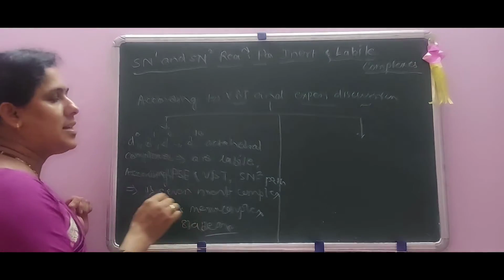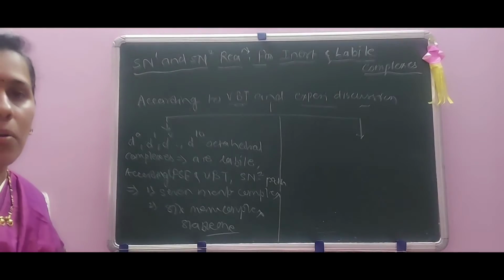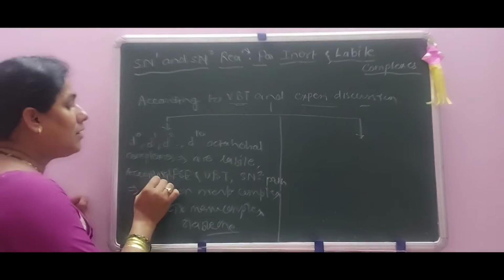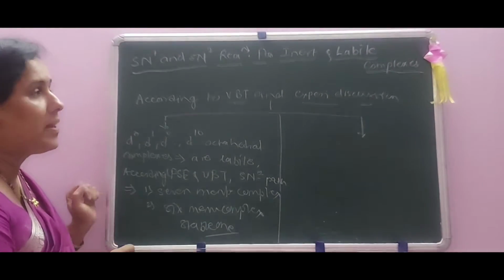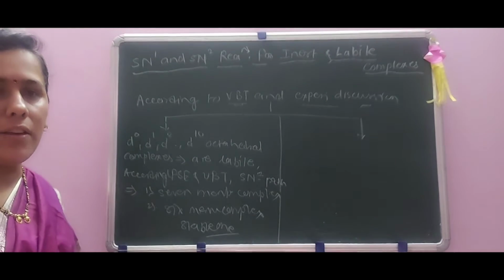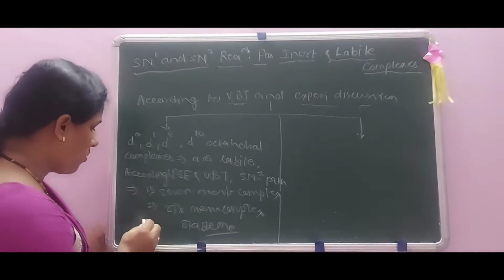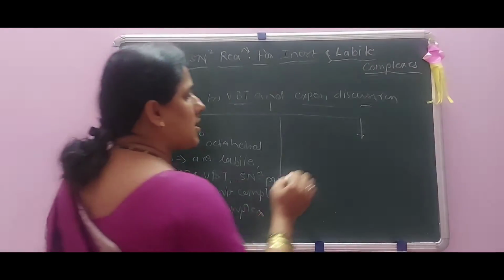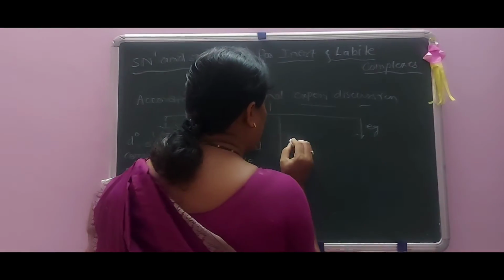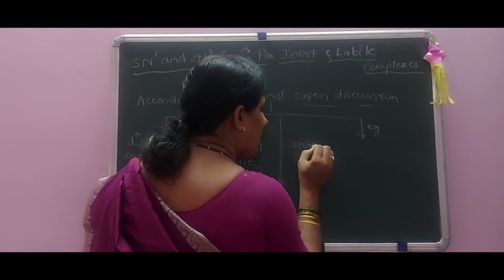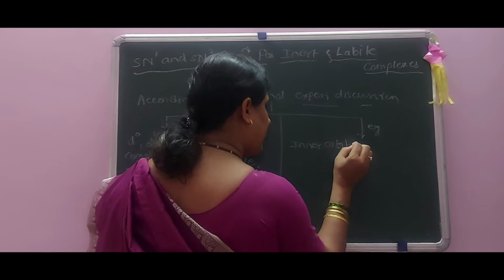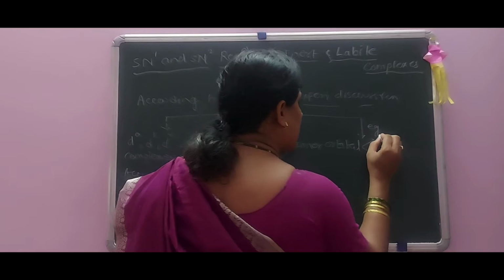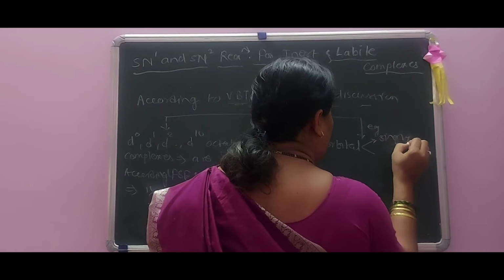But this occurs due to the d orbitals, which are the inner orbitals here. The d inner orbitals are of two types: the t2g orbitals and the eg orbitals, which are either singly filled or fully filled.